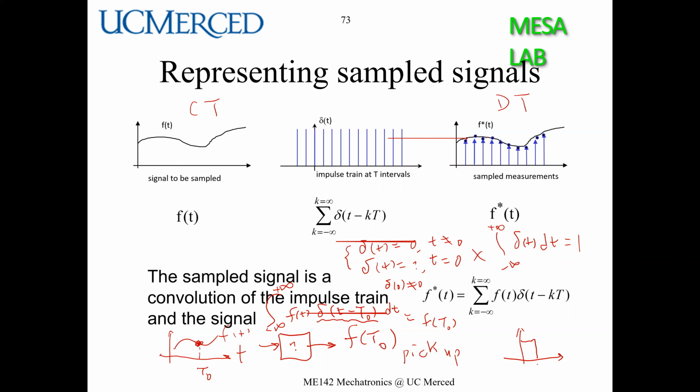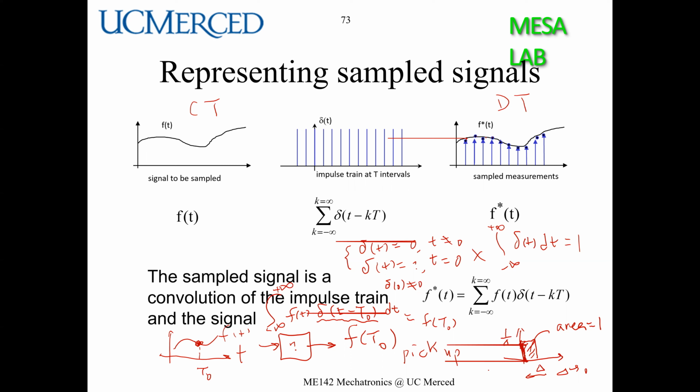So you have a width delta, and here you put height 1 over delta. Then the shaded area is 1. Then you send this delta to 0, and you will see this rectangle has side 0 and height infinity.